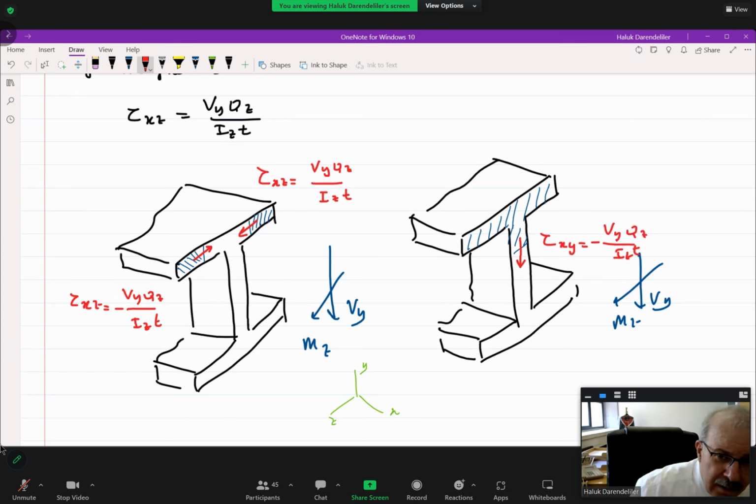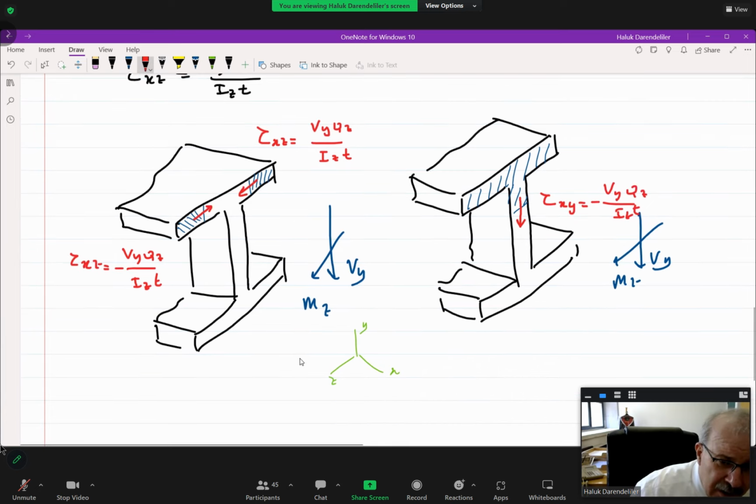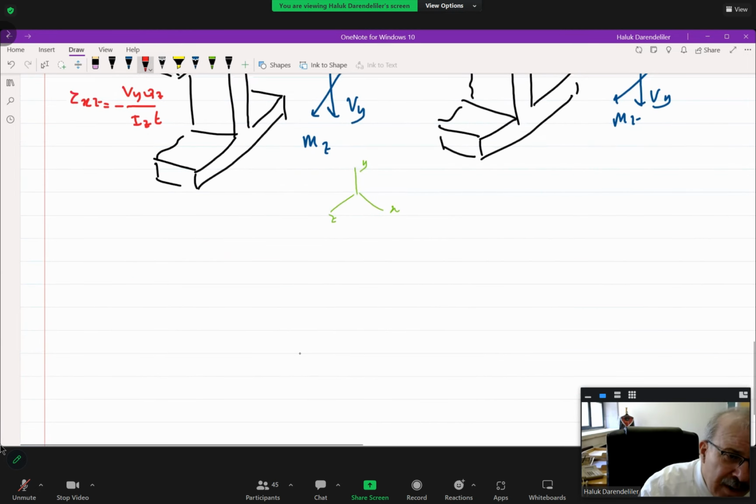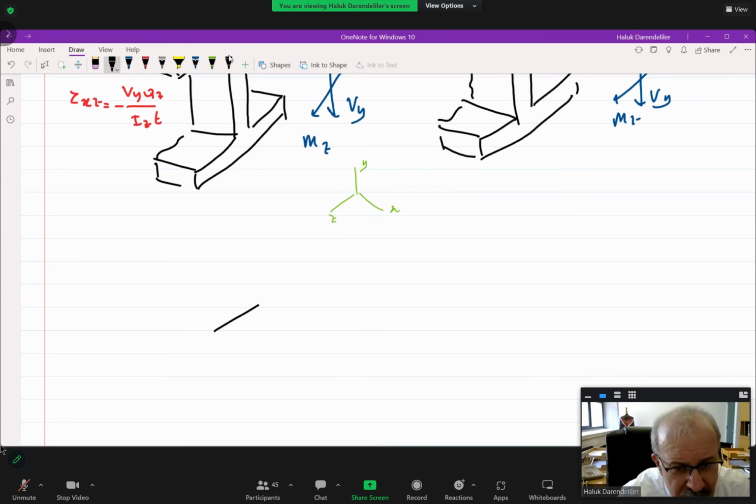Okay. Şimdi bakın yönlerine. This is towards the middle portion. This is towards the middle portion and this is in the downwards direction. As a result, actually, in thin walled members, instead of showing stress, we generally show the shear flow.